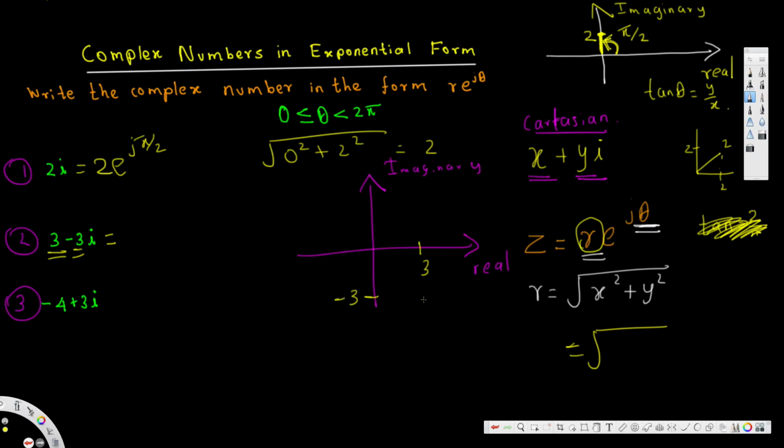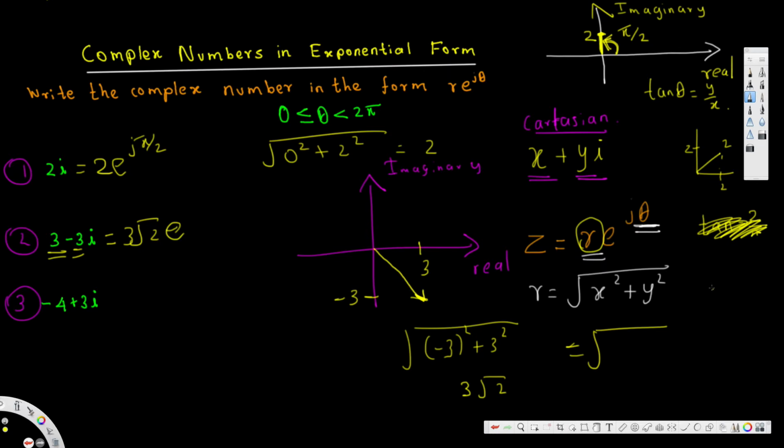This is the point where these two are meeting, so this is where this number is. Now r can be calculated using x square plus y square. Negative 3 square plus 3 square. 9 plus 9, 18. 18 is 9 times 2. So 9 comes out of the square root as 3. So 3 root 2. 3 root 2 e power.